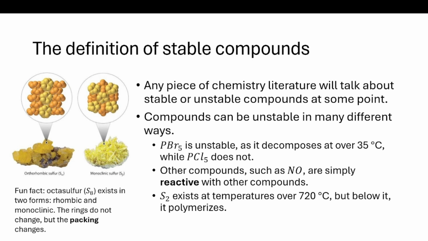And if you open up any piece of chemistry literature, you will find something talking about the stability of a compound. Now, there is no one fashion in which a compound can be stable or unstable.